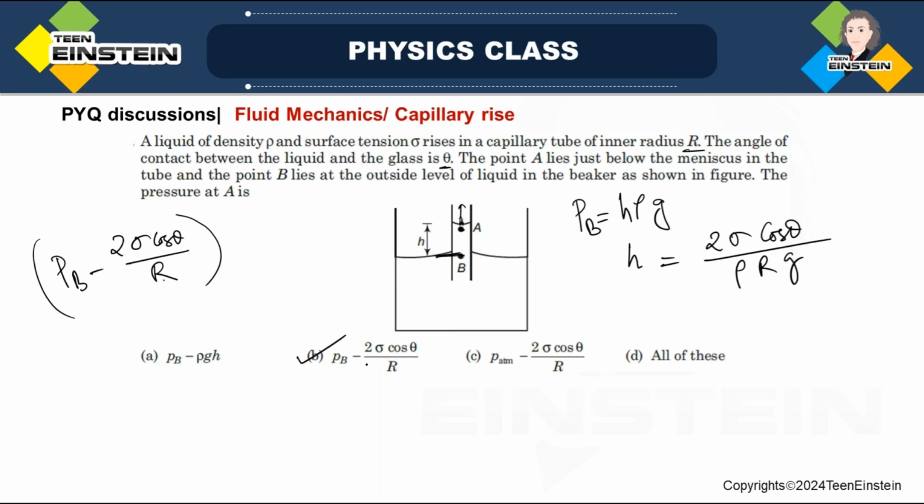Okay, I think PB minus H rho G, atmospheric pressure minus this, is also true. Let me just cross check once.